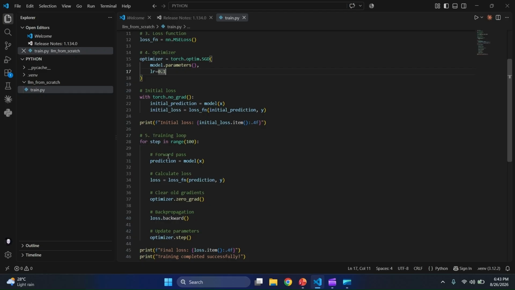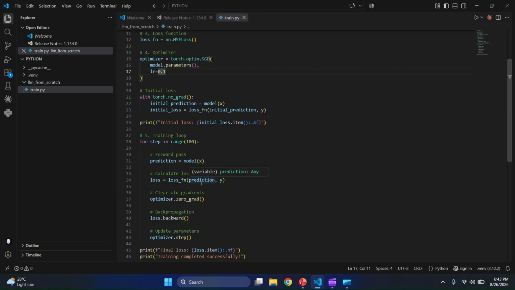So inside the loop, the first thing we do is make a prediction. We send our input through the model, and we get the current prediction. This is our forward pass. The next step is we calculate the loss.